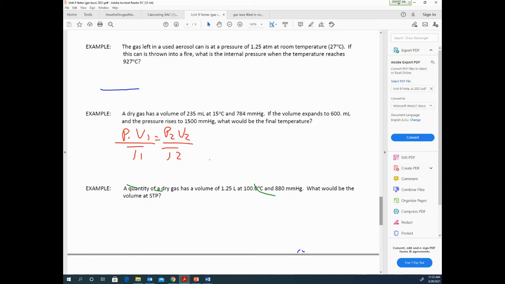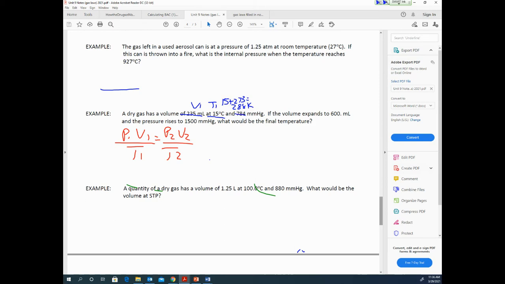So a dry gas has a volume of 235 milliliters. That's my volume 1, at 15 degrees Celsius. So that's my T1. Remember, I can't use Celsius, so let's change it. 15 plus 273 is equal to 288. So it's 288 Kelvin that I'm actually going to use for my T1.